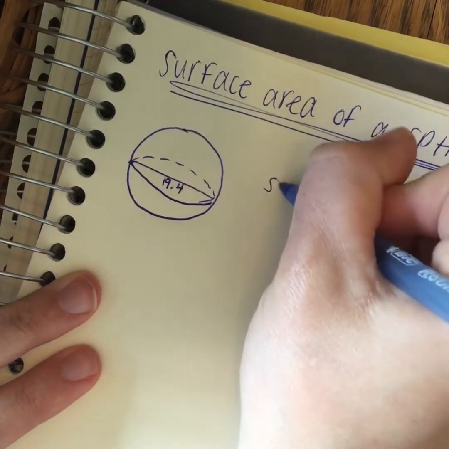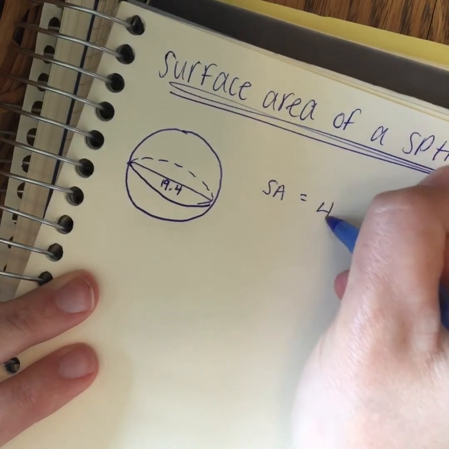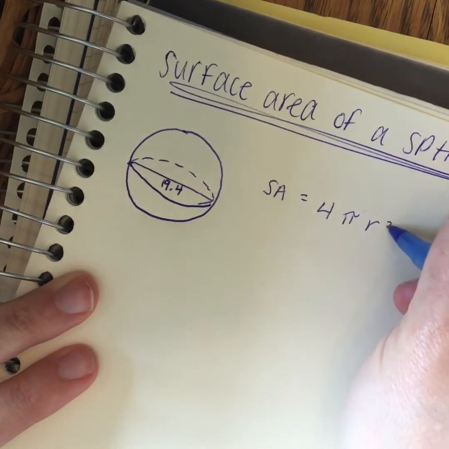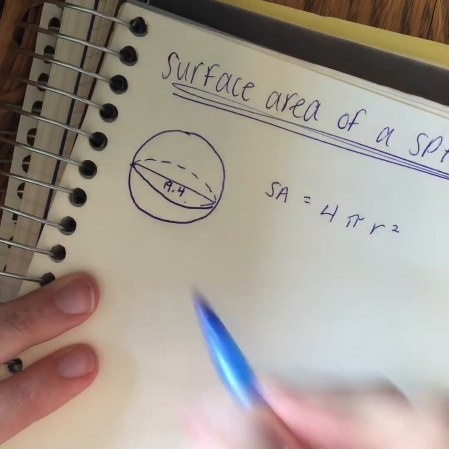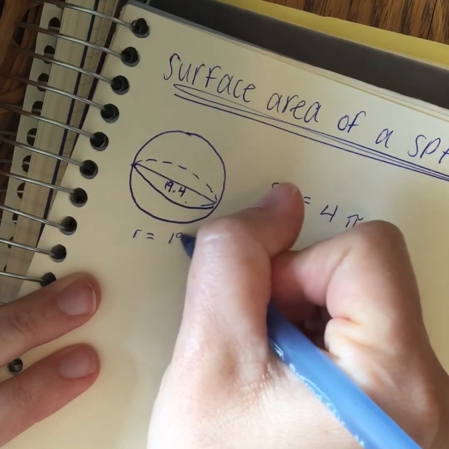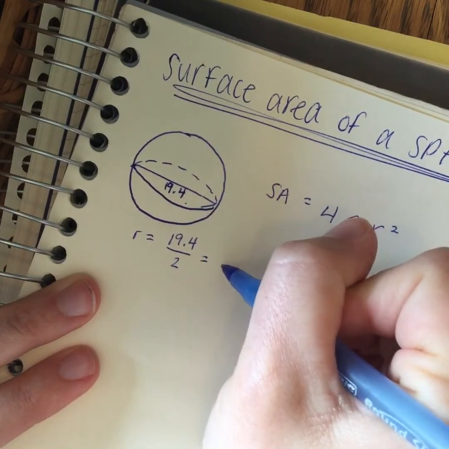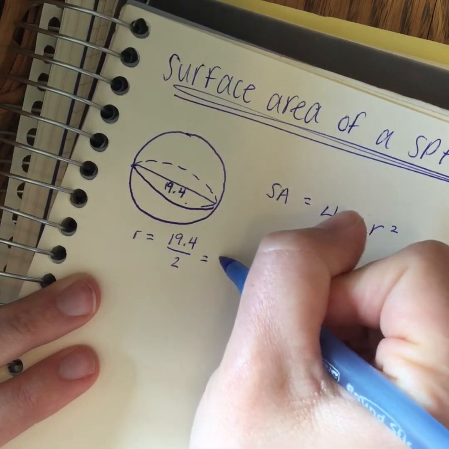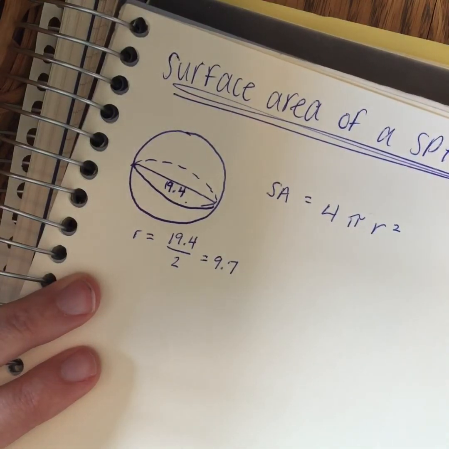The formula for a sphere is 4 pi r squared. That is it. So if the diameter is 19.4, then the radius is 19.4 divided by 2, which would be 9.7. Let me check that.